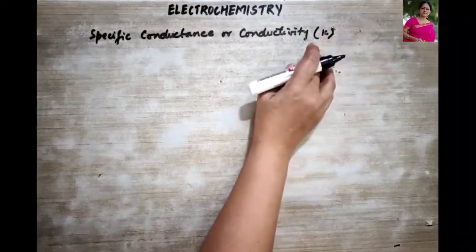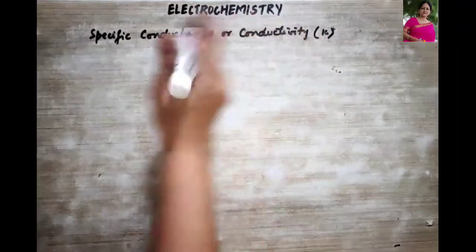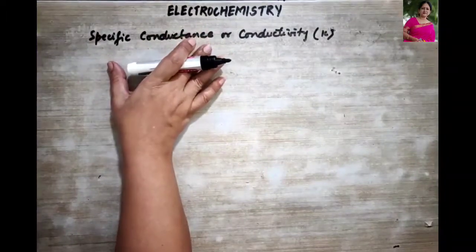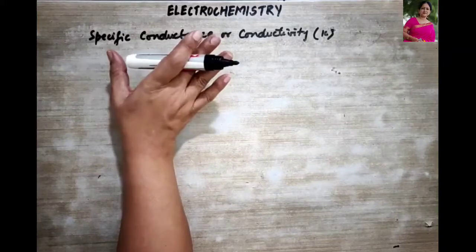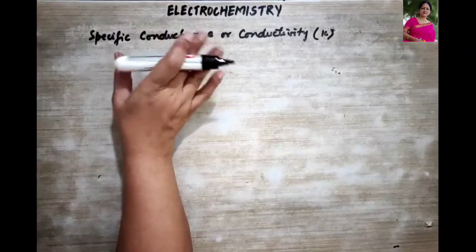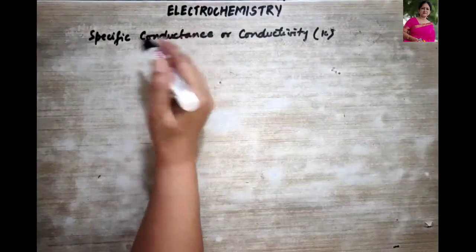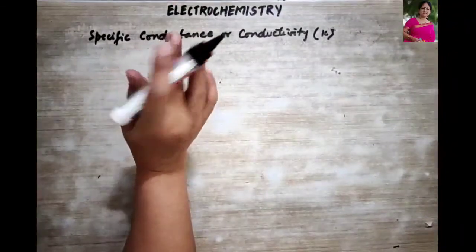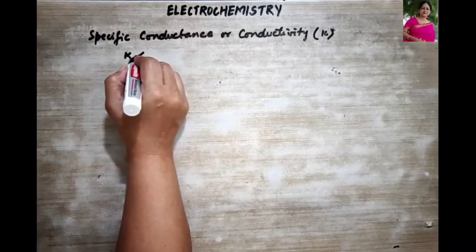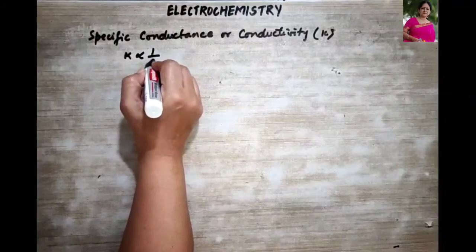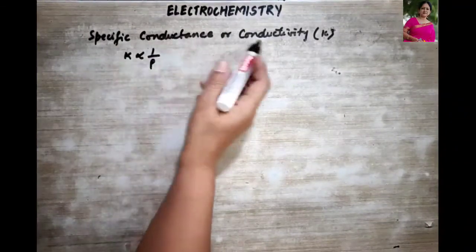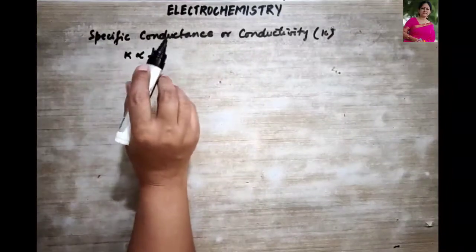In Greek it is called kappa. Before defining specific conductance, let me make you understand that the reverse of resistivity is conductivity, or specific conductance. So kappa is proportional to 1 upon rho. The inverse of resistivity is conductivity or specific conductance.